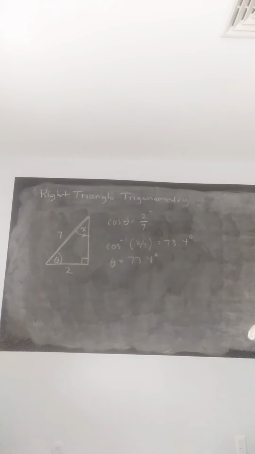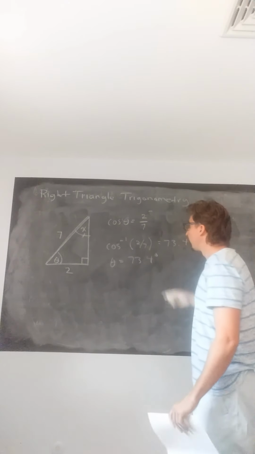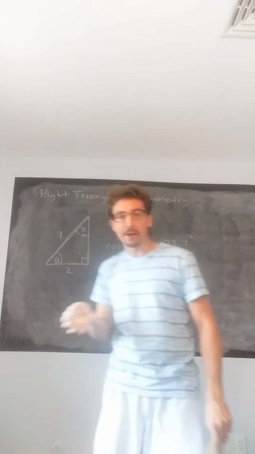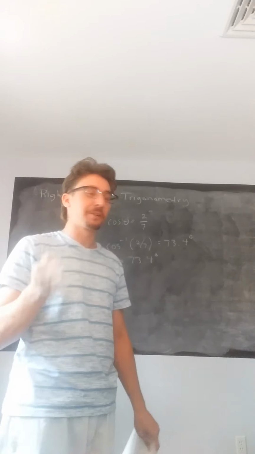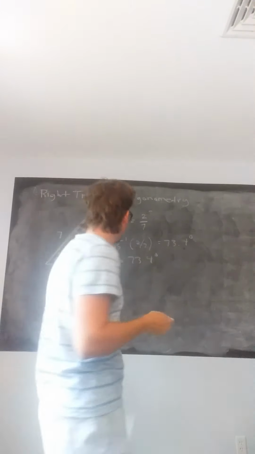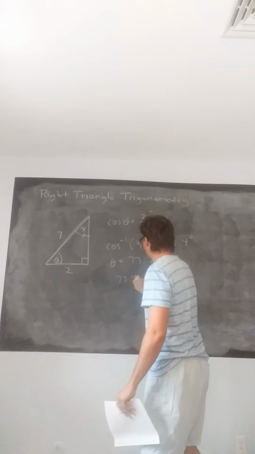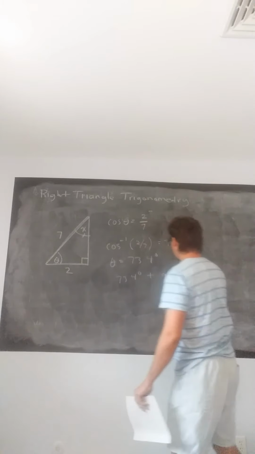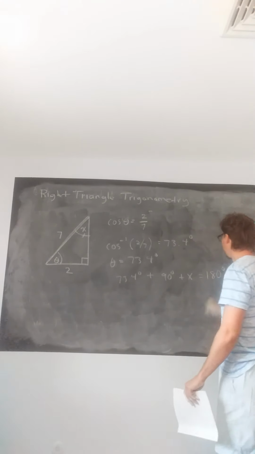So from this point, you have an option to continue to use the trig or use basic information about a triangle. What you should know from Mr. Anderson is that in any triangle, the angle degrees add up to 180. So what that means is, if we know we have a 73.4 degree angle and a 90 degree angle, and we add x to it, that has to add up to be 180 degrees, right?